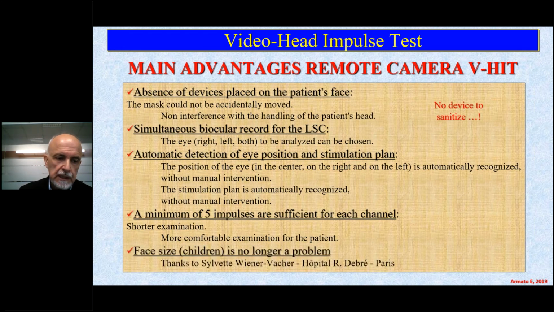But the size of the face is no longer a problem. Thank you to Sylvette Wiener-Vacher, Paris, for her very important paper about the analysis of VHIT remote camera in children.